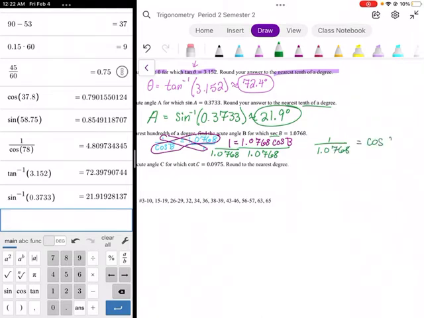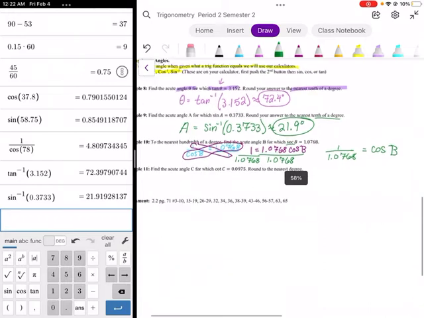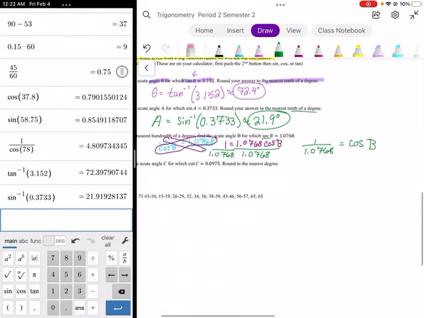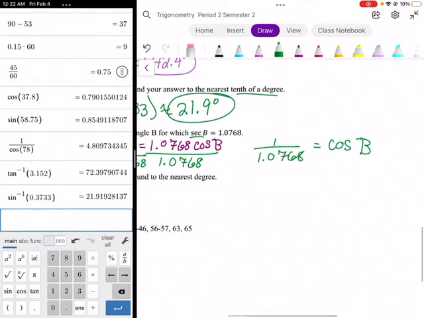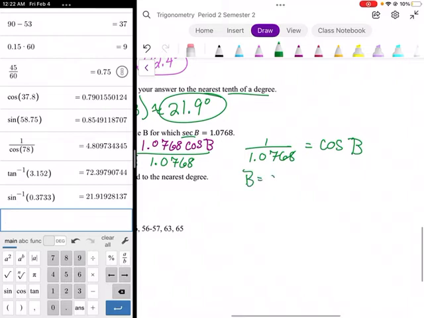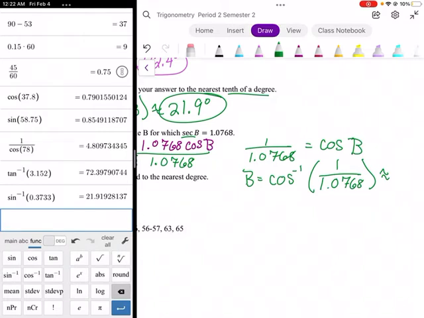Now this looks just like a problem like example 8 and 9. To find angle B, we are going to use the inverse cosine of 1 over 1.0768. And it is okay to have a fraction inside of the inverse functions.